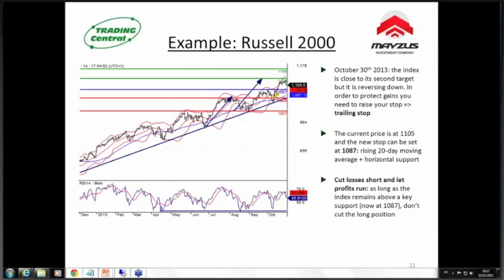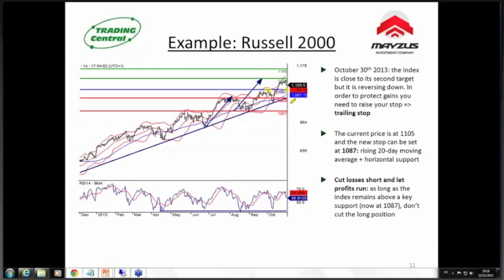And the new stop can be set at 1087, because 1087 on October 30 is a horizontal support and the rising 20-day moving average, which is in red in this example. So in order to protect your gain, you can raise the stop with a trailing stop, to 1087, in case of a more aggressive pullback on the index, and in order to protect your gains.